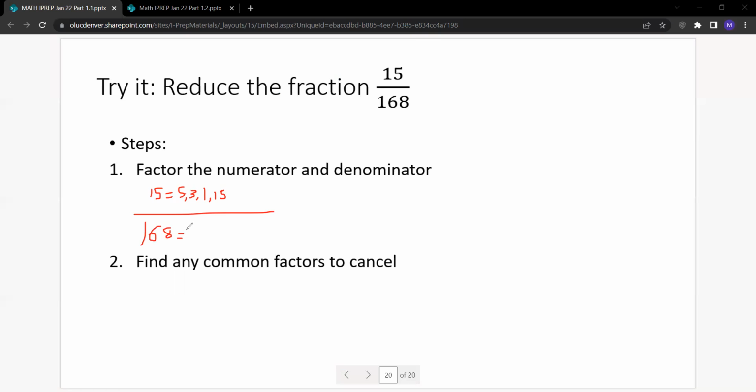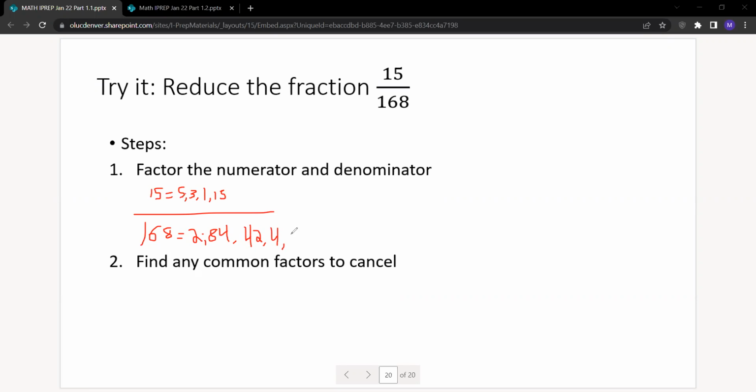So we can kind of do this. So 168 divided by 2 is going to be 84. So we have 2 times 84. 84 can be divided by 2 further to 42. 42 times 4 is 168, so we'll go ahead and put a 4 in here as well.